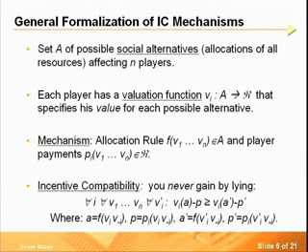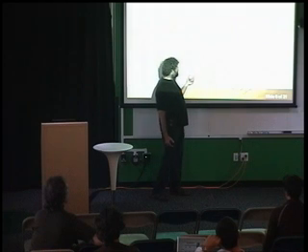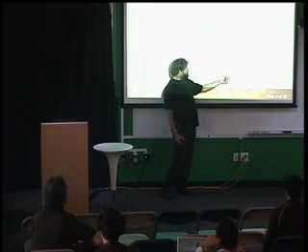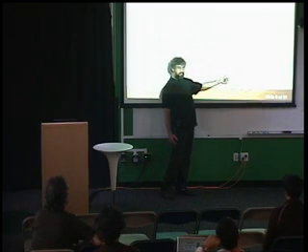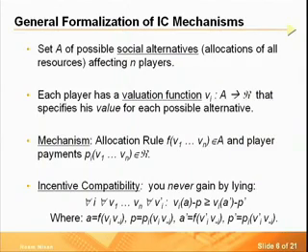Will this improve my lot or not? So if he reports the right v_i, there's going to be some outcome A, and he's going to get a value of v_i(A) from this, and he's going to have to pay P, where P is the amount that he pays when he reports the right thing.